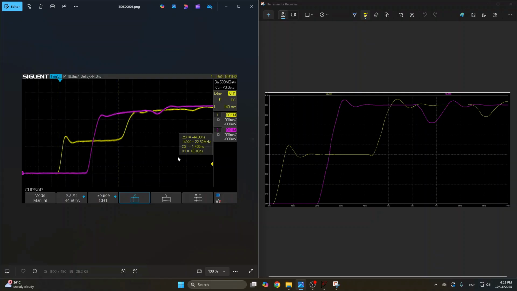There is also a little overshoot on the purple signal in both cases, and we can see also on the purple signal, after some period of time, there is some undershoot here, that we can observe in both. Of course, the amplitude is not exactly the same, but it is interesting that we observe these similarities in both images.